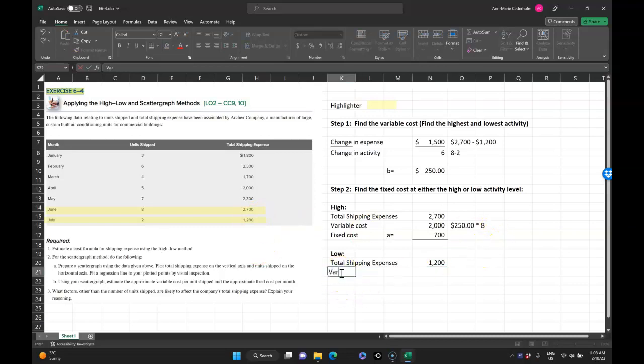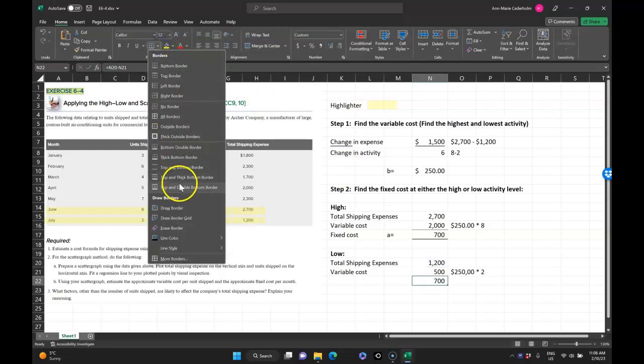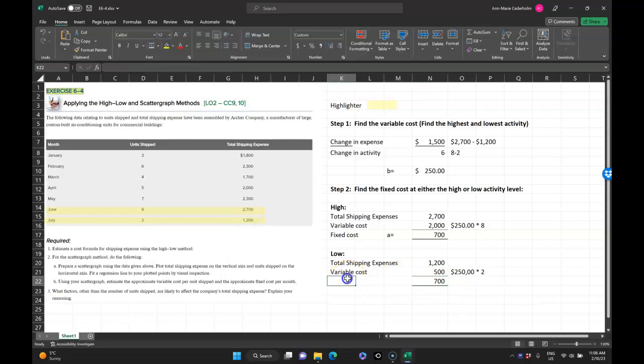And then my variable cost is taking your variable cost that we calculated in step 1, multiplying it by the volume at the low level, which is 2, and that's given to us. So 250 times 2. And then if we subtract the variable cost from the shipping, so 1,200 minus 500, that gives us 700. So both of them gave us the same fixed cost, so I know I did this right.